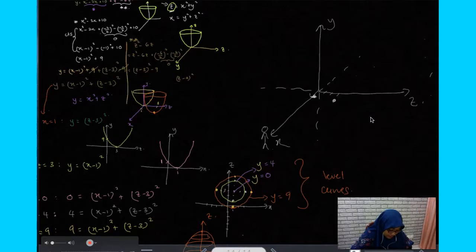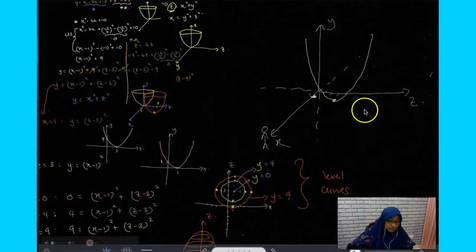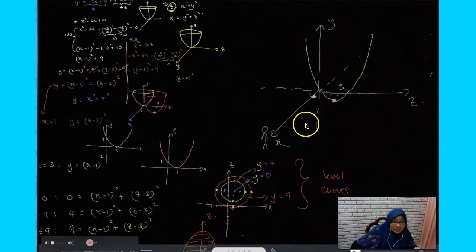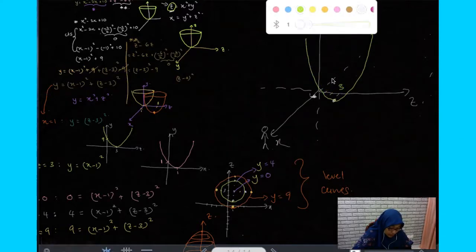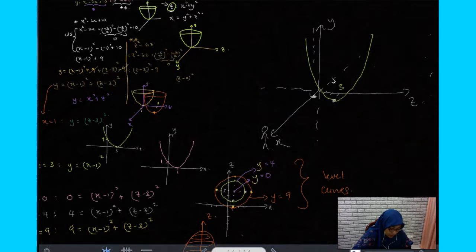So that is your quadratic. This is in 3D. You can see that z is at 3. And when you see from this side, this intersects the y-axis here at x equal to 1, and the value here is 9.